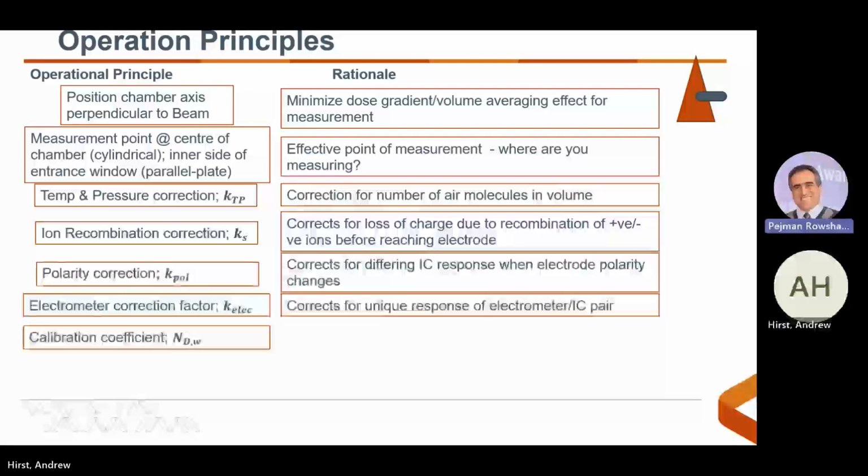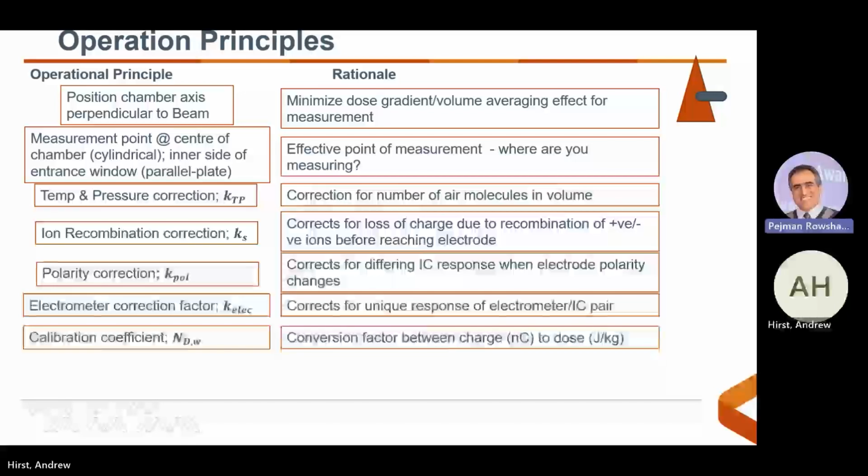And then you have your calibration coefficient. This is an extremely important value, and it's what's used to convert between what you measure in your electrometer, which is in nanocoulombs, which is charge, and you apply this factor to convert to dose, in joules per kilogram. The N_DW stands for the calibration coefficient for dose to water.